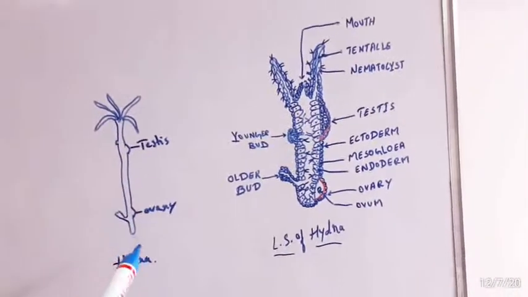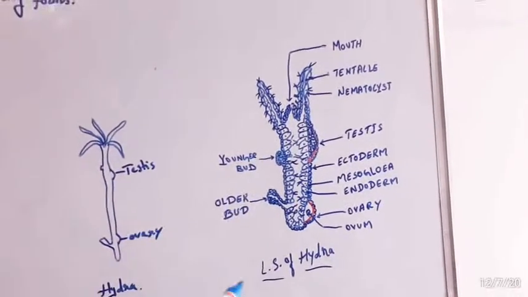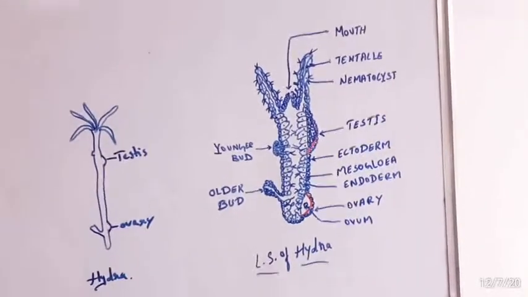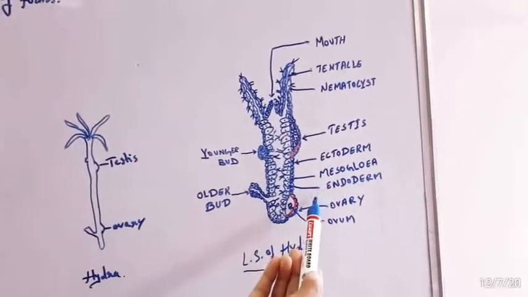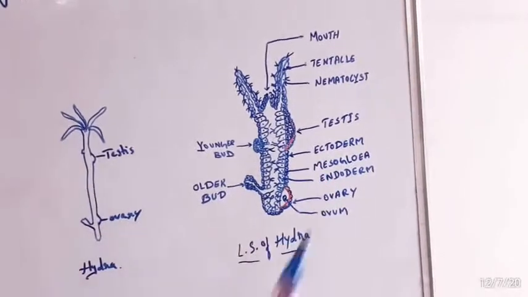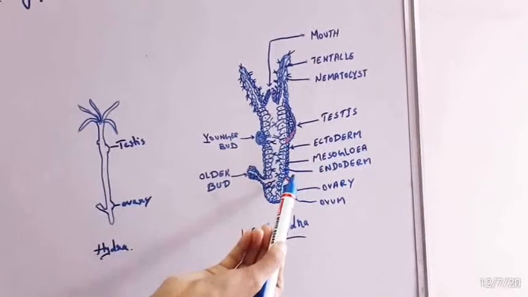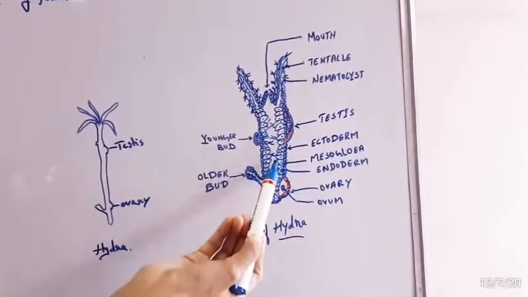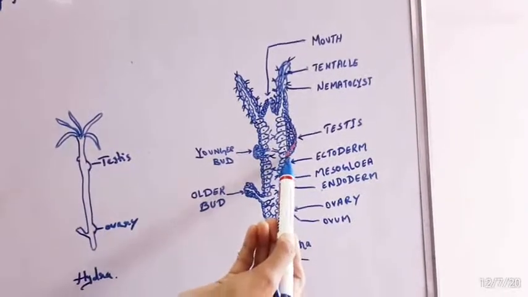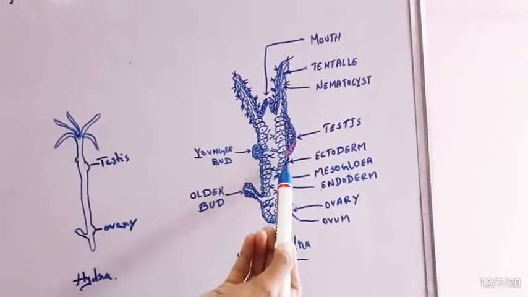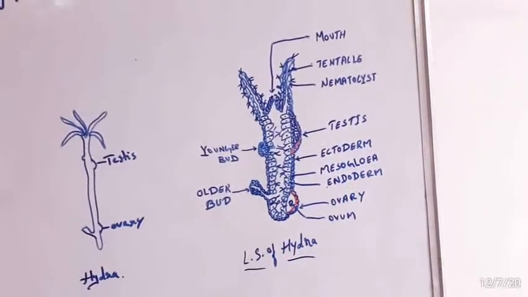When we take the LS of the Hydra, it shows ectoderm, endoderm, and in between them the presence of mesoglea. The outer layer is ectoderm, the inner layer is endoderm, and in between there is a non-cellular, gelatinous mesoglea.